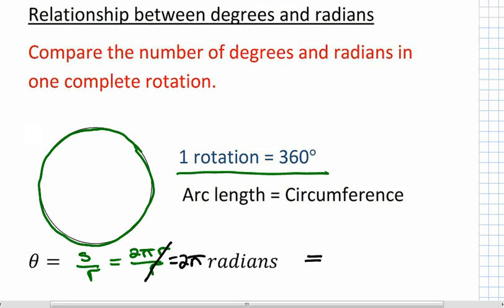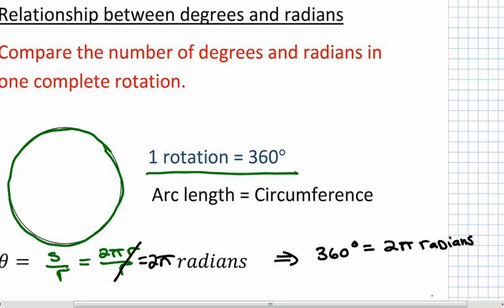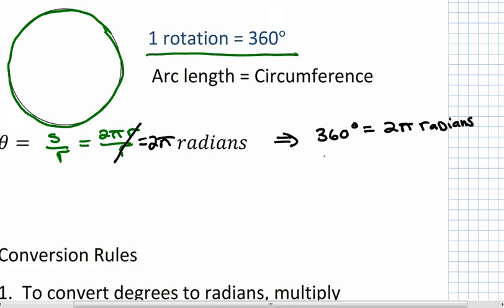So what this means is that 360 degrees is equal to 2 pi in radians. Which means if we're talking about 1 degree, we just divide by 360. And we get 1 degree equals pi over 180 in radians.